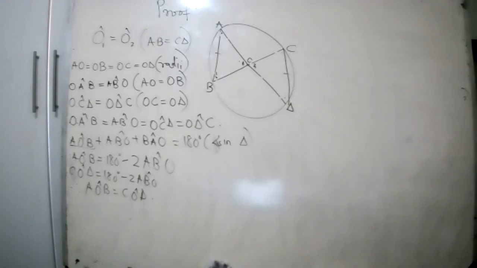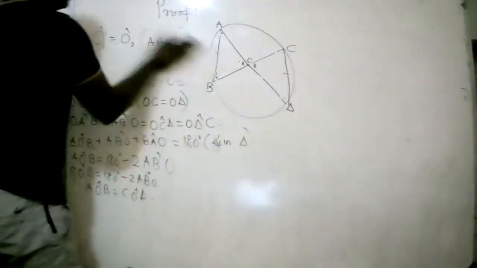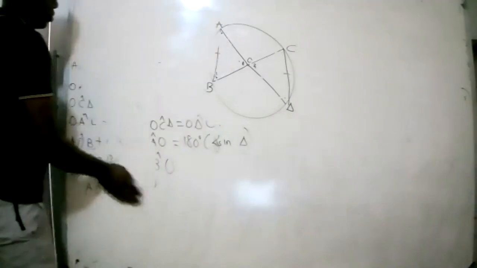And the third is to prove that DC is a tangent to the circle at C. So that is the information we are given. So now let's quickly attend to the question.